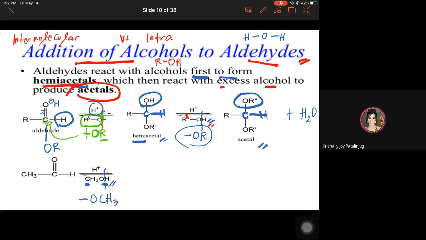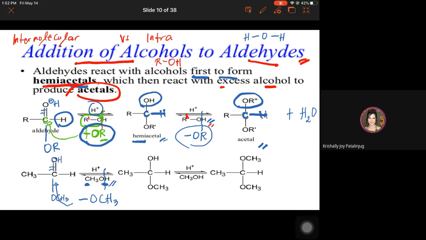Before it is added, its strong nucleophile is produced, and the nucleophile should be in the form of OR. So in this specific example, methanol, the OR is methoxy. It will be added to the carbonyl carbon. Break the pi bond, then the OCH3 is added. Once the OCH3 is added here, what happens to this oxygen? It will become an alcohol.